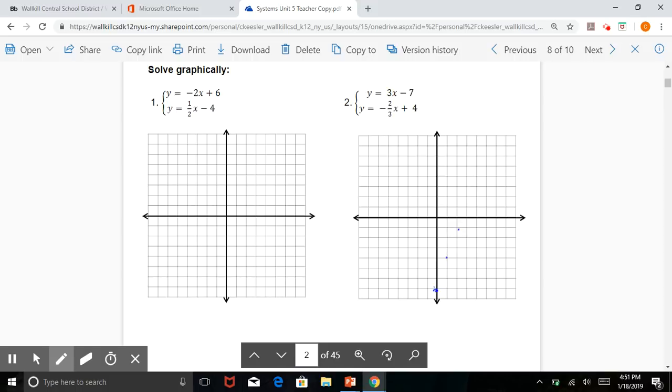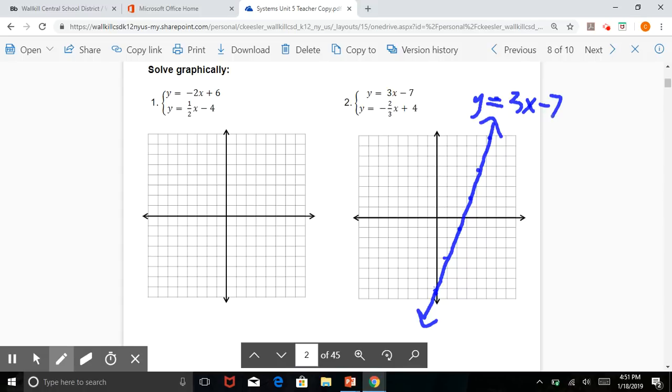Up 3 and over 1. Up 3 and over 1. Then draw your line through the points, arrows on both ends, labeling it with its function rule, y equals 3x minus 7.